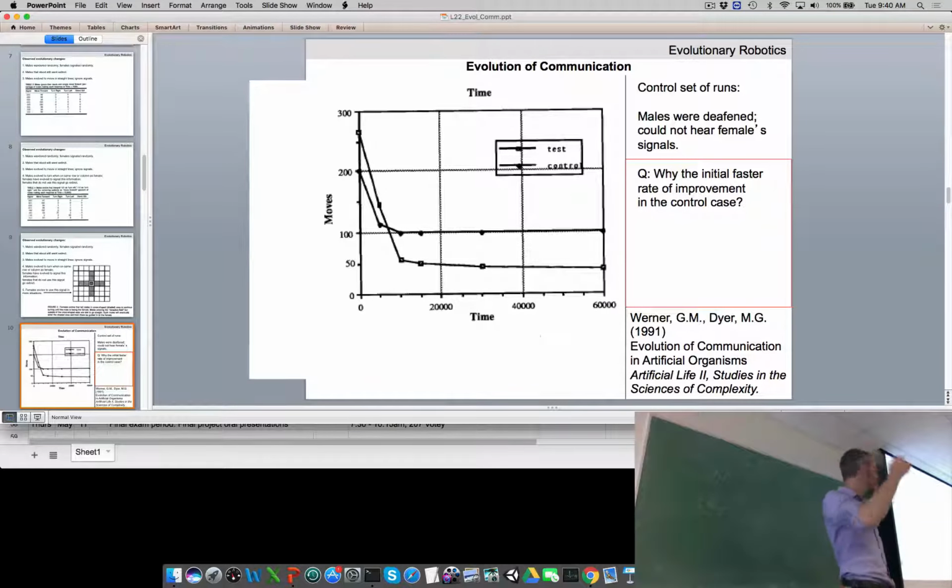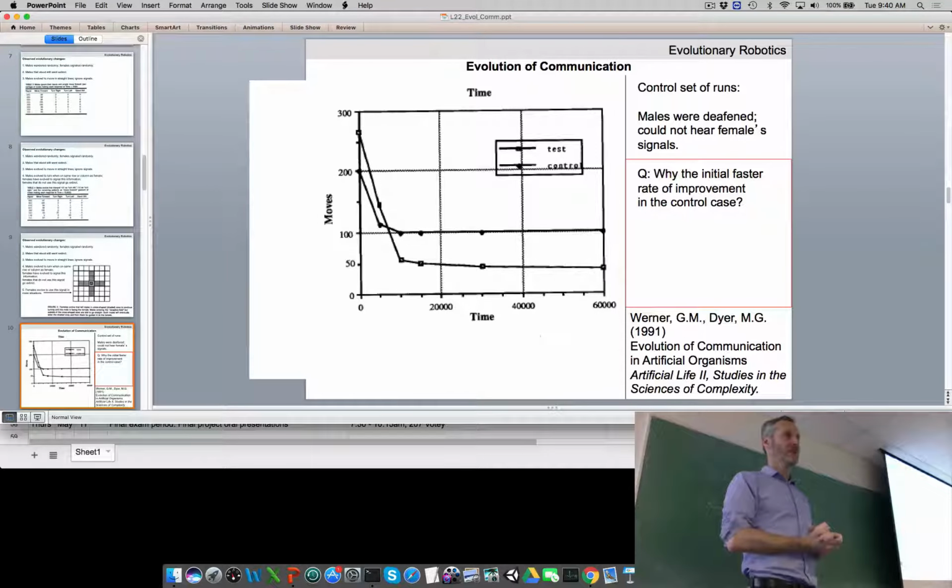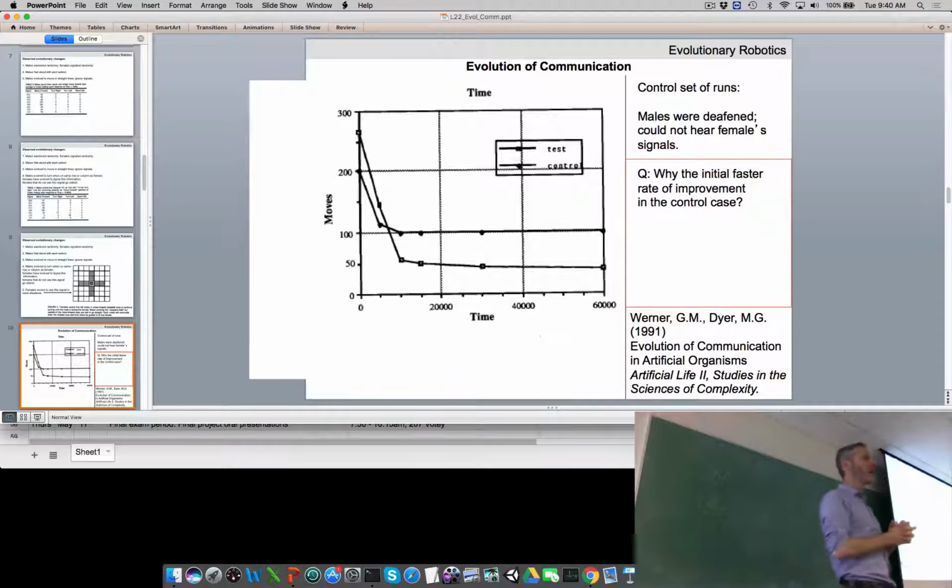So the frequency in which males and females are finding one another and producing offspring is going up, right? Which is what you would expect, right? You have the evolution of communication now, where the females are modifying the evolved behavior of the males, and the males are evolving to respond appropriately to signals in the environment.